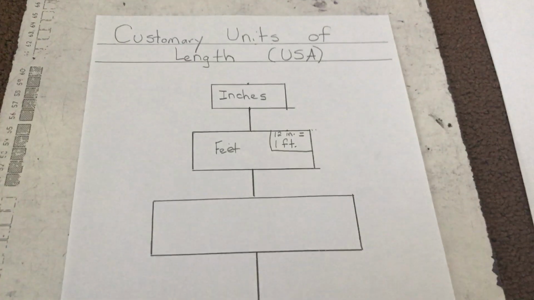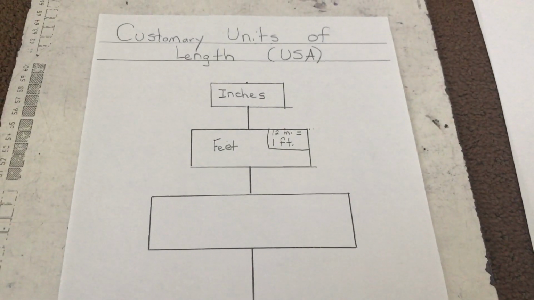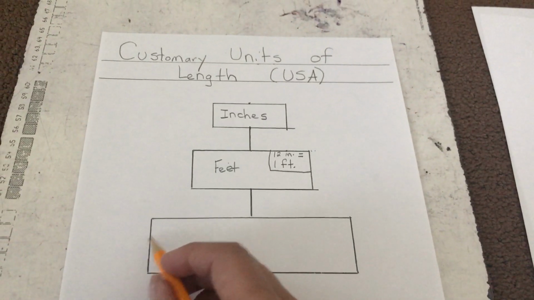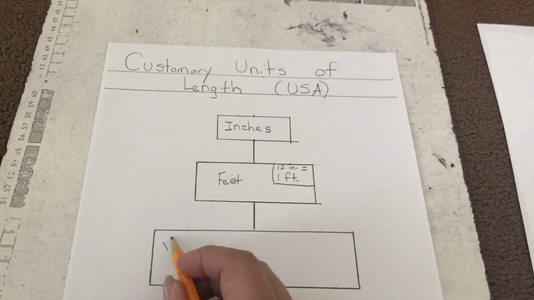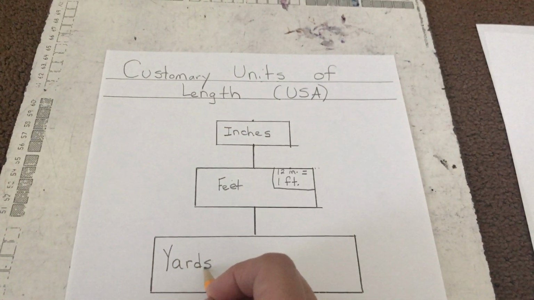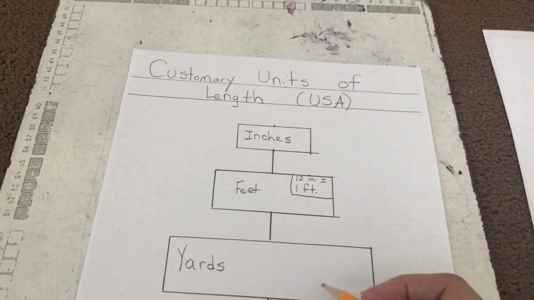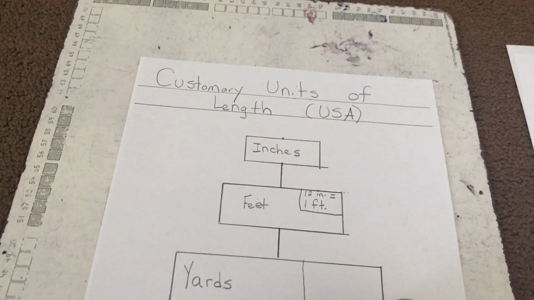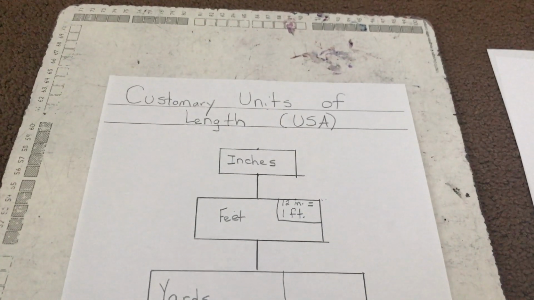All right. The next measurement we use for length is what? You got it, yards. So come more to the left. I'm starting mine actually right on the left. And write the word yards because we need some space over here. Okay? So I'm going to also box this. Actually, I think I'm just going to divide it like that.